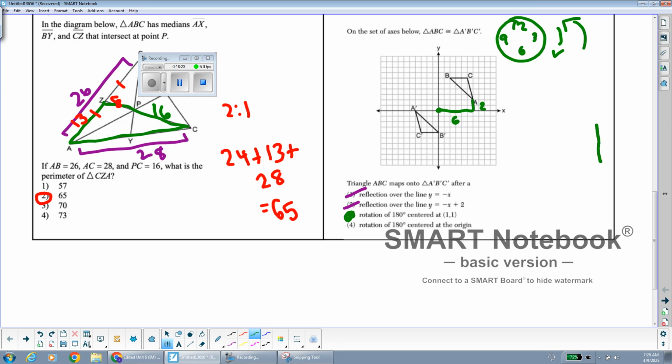Just like before, if I rotate it 90 degrees, the L shape is going to look like this. 180 degrees, the L shape is going to look like this. So from the center, 1, 2, 3, 4, 5, 6, 1, 2. Notice how it does not fall where A prime is. So that's not the correct answer. So answer choice 3 is the choice that we are looking for.